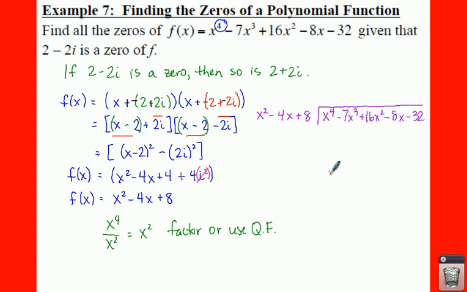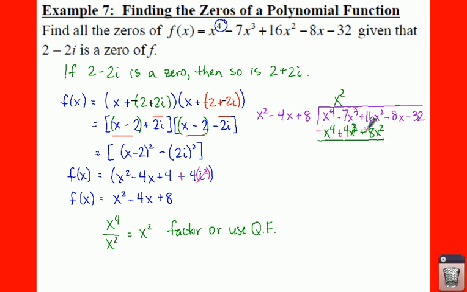Good thing I learned long division. So x to the fourth divided by x squared is x squared. So you get x to the fourth minus 4x to the third plus 8x squared. And all of these signs are going to change.